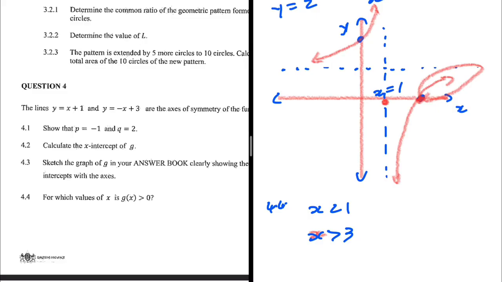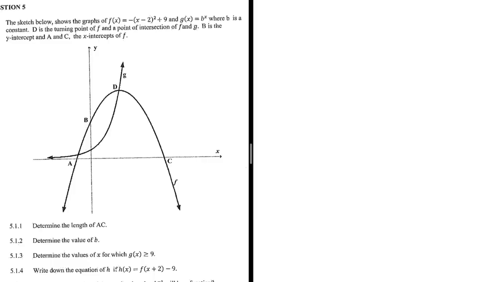So there we go. We have two functions, g of x and f of x. A and C are the x-intercepts of f, where B is the y-intercept and D is the turning point. The two functions, g of x and f of x, they touch each other at the point D, which is the turning point of f.